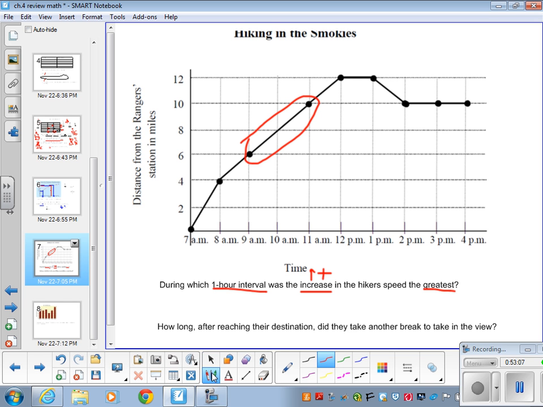So now, I look down to see that it's 9 a.m. and 11 a.m. This doesn't totally go with it, but going by answering it, this isn't a 1 hour interval.